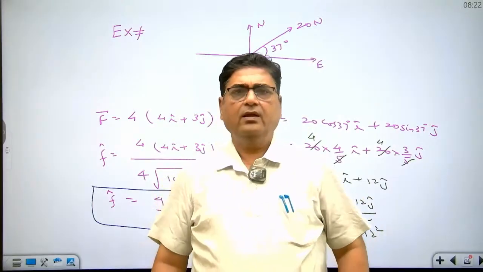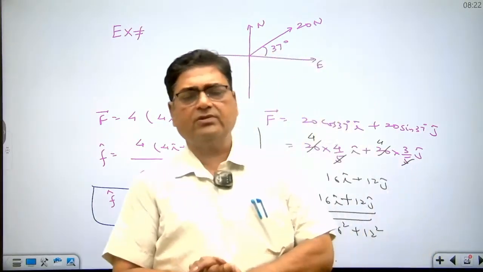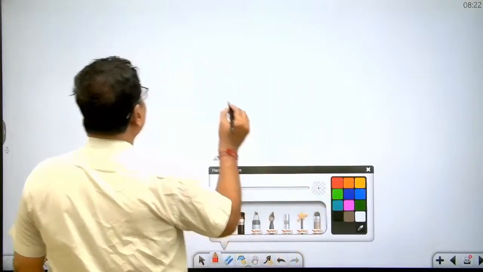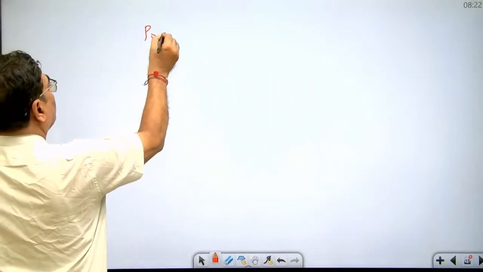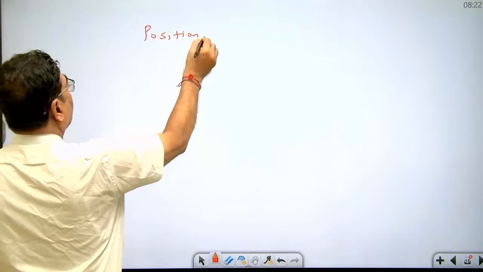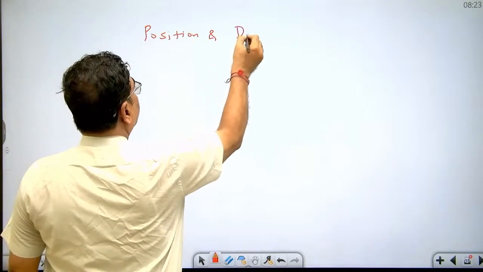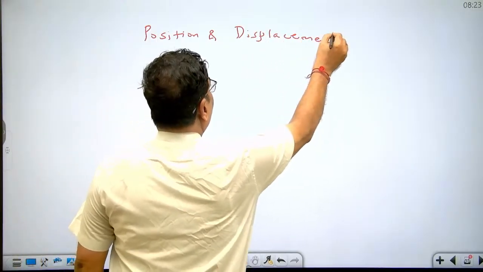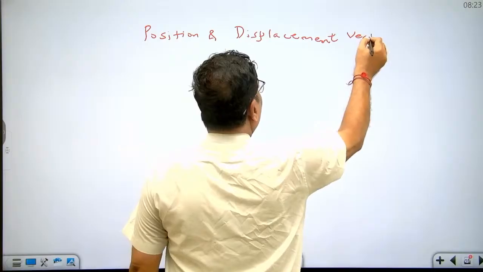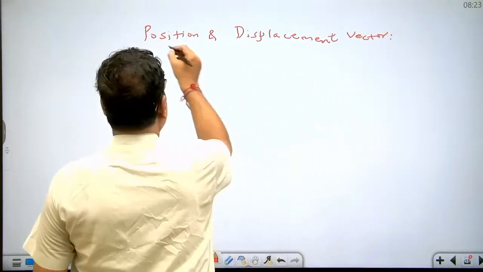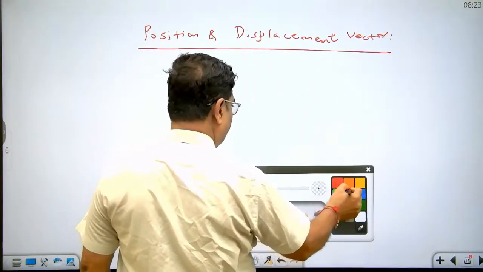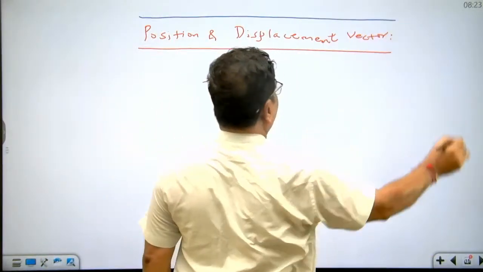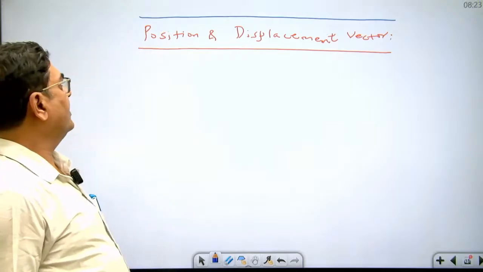Okay, now dear student, we will see about the position vector and displacement vector. Position and displacement vector. Any vector which represents the position of a particle is called a position vector.